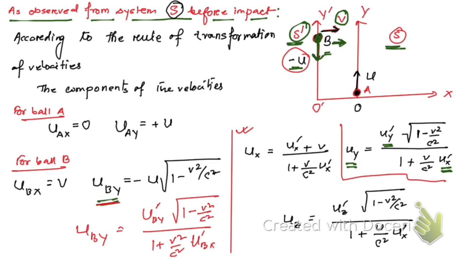So here this ubx dash is the velocity of the ball B relative to the S dash frame.